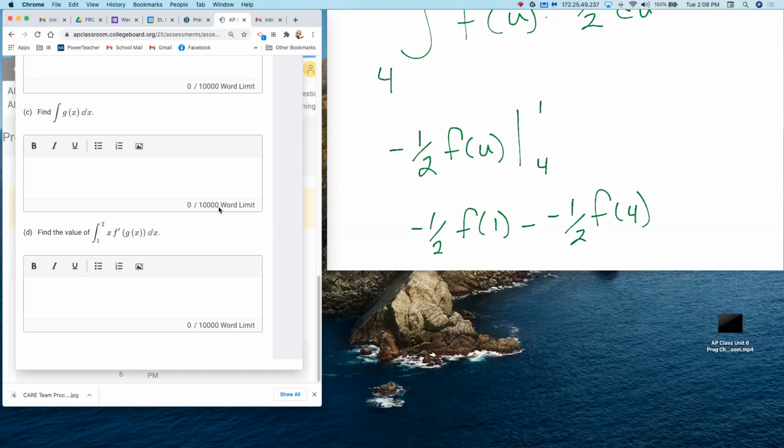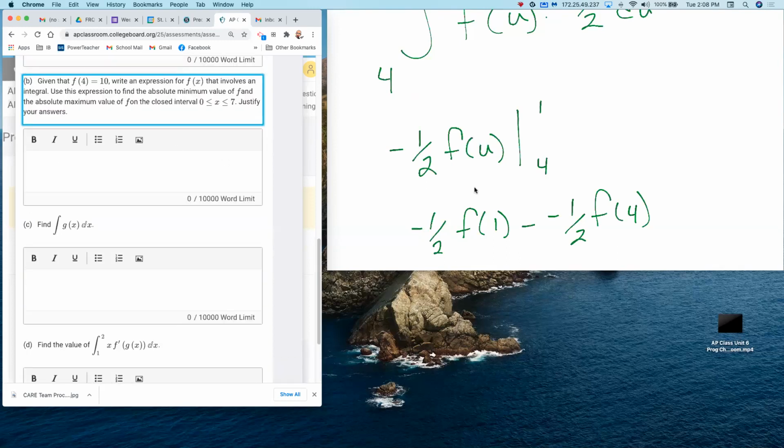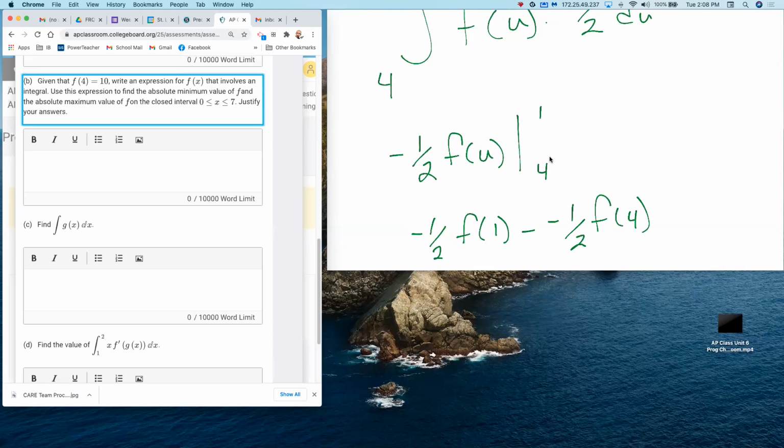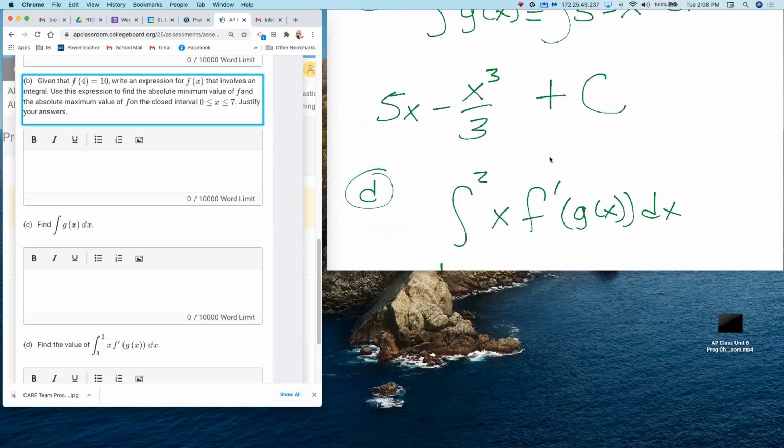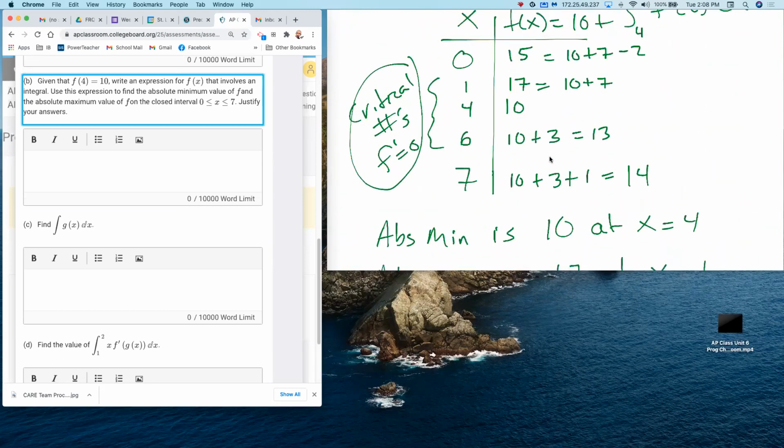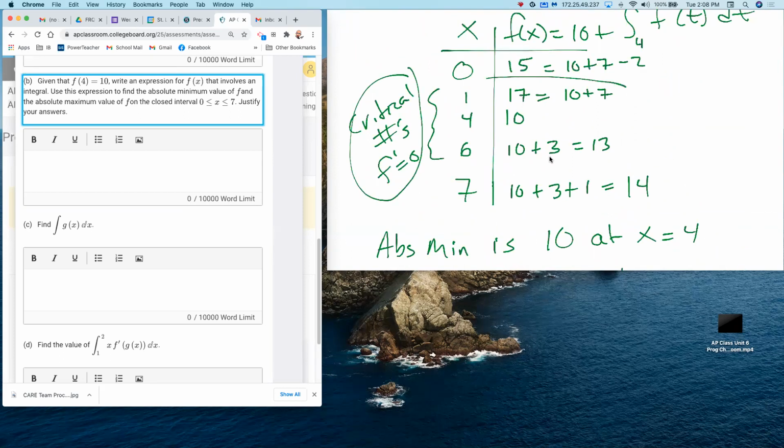And you might go, yeah, but what do I do now? Well, you did that work. You actually did that work up here. Look where that one is. Here's all the information you need for part D, right?